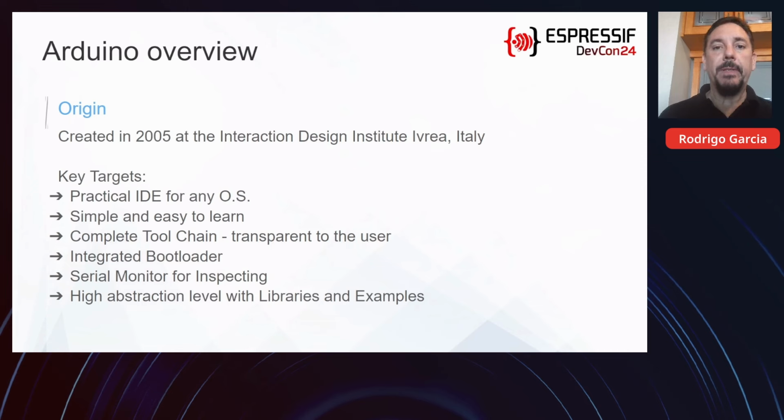Users will use an API, which is the Arduino API, and that API will allow those users to include modules, external hardware, such as sensors, displays, and LEDs. That was initially thought of for designers and artists, but it got very popular, and today it's used in every place.